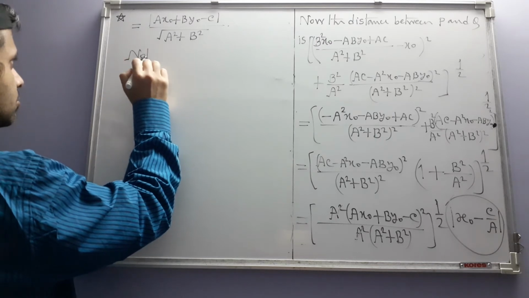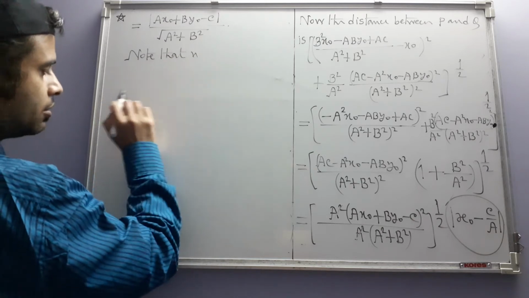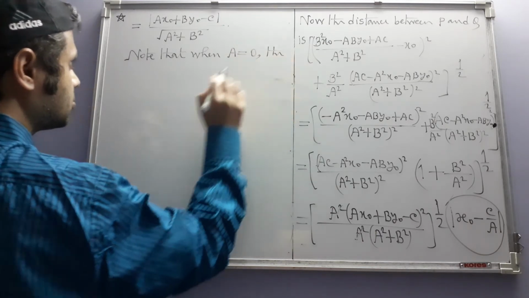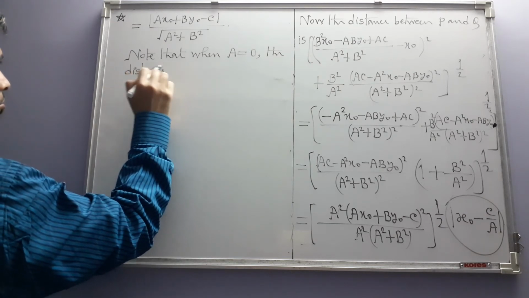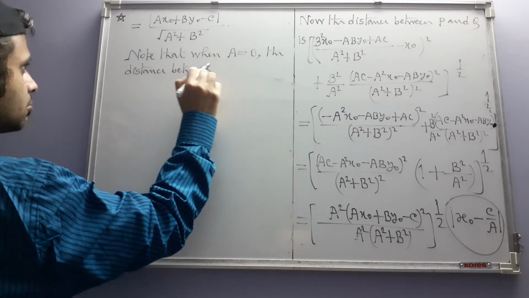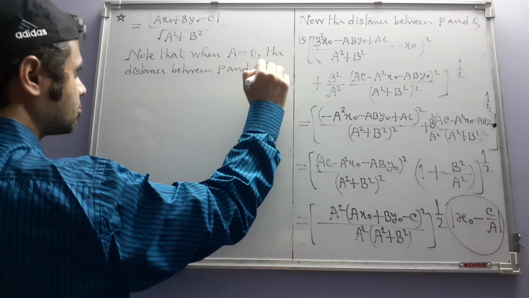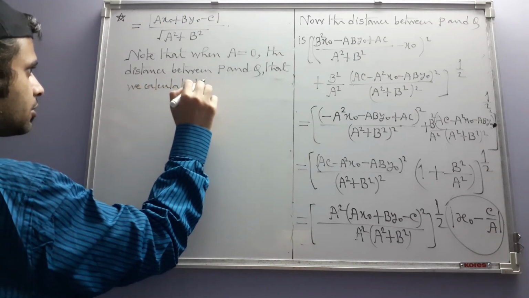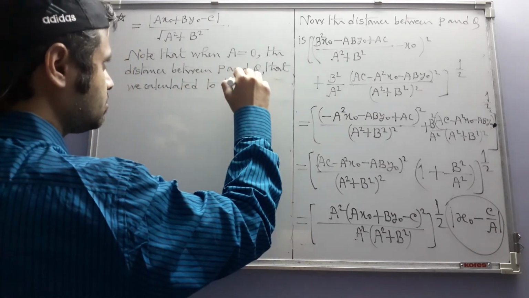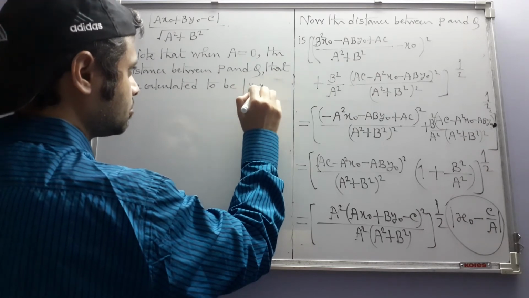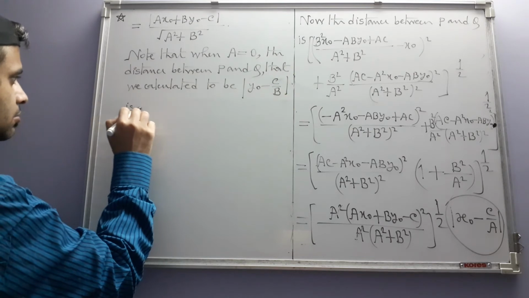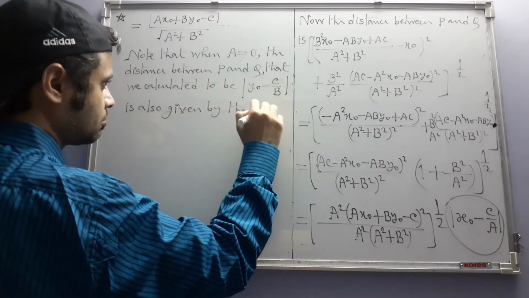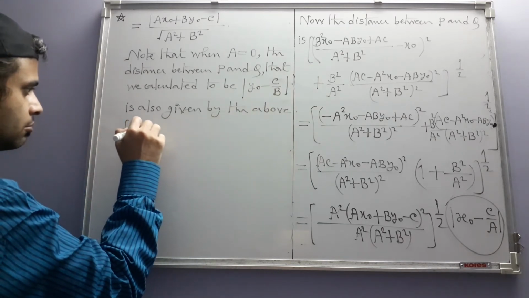Note that when a is equal to 0, the distance between P and Q that we calculated to be is also given by the above formula.